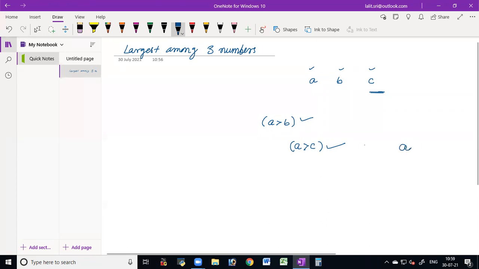Suppose A is greater than B is true, but A greater than C is not true. That is false. That means A is greater than B but not greater than C. So which will be greatest in this case? C. Very good.